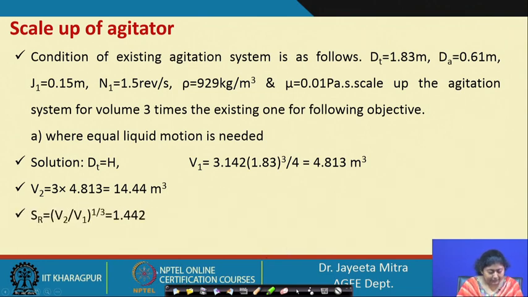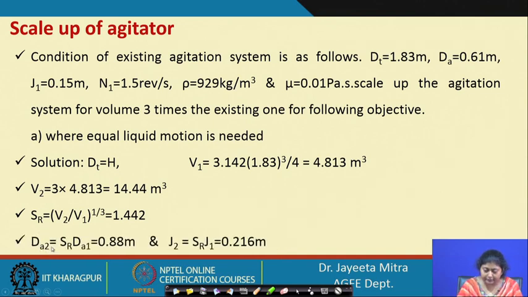Finally, SR will be (V2 by V1) to the power 1 by 3, so 1.442 will be the value of the scale up ratio. dA1 is known to us, so with this factor we will change. dA2 will be SR into dA1, which is equal to 0.88 meter, and J2 will be equal to SR into J1, which is equal to 0.216 meter.